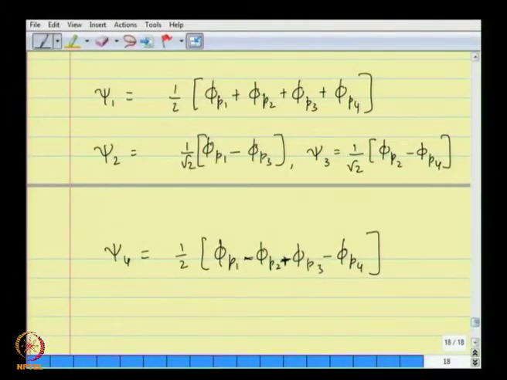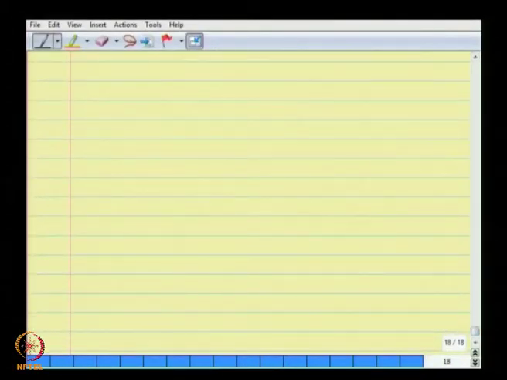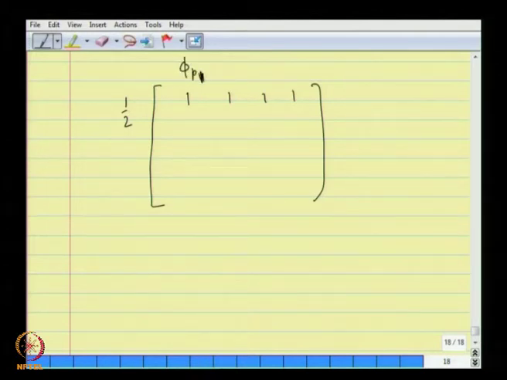Therefore, in principle you can have all the 4 orbitals with the plus minus signs done in such a way that I write a coefficient of 1 by 2 outside, with weights given to the orbitals phi p1, phi p2, phi p3, phi p4, as 1 1 1 1, and then in principle I can have 1 1 minus 1 minus 1, 1 minus 1 minus 1 1, 1 minus 1 1 minus 1.